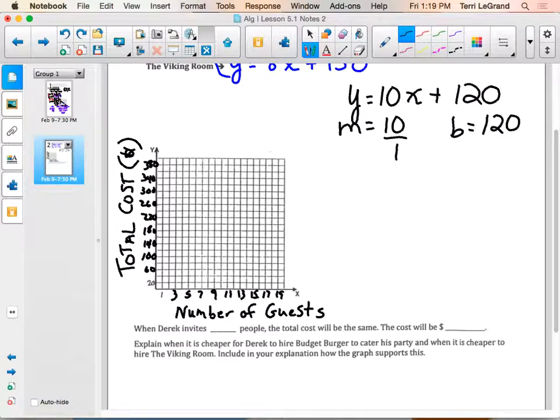According to my numbering, our coordinate plane is going to hold up to 20 guests and $400. Is that what happened when you numbered it? Yeah. Okay.